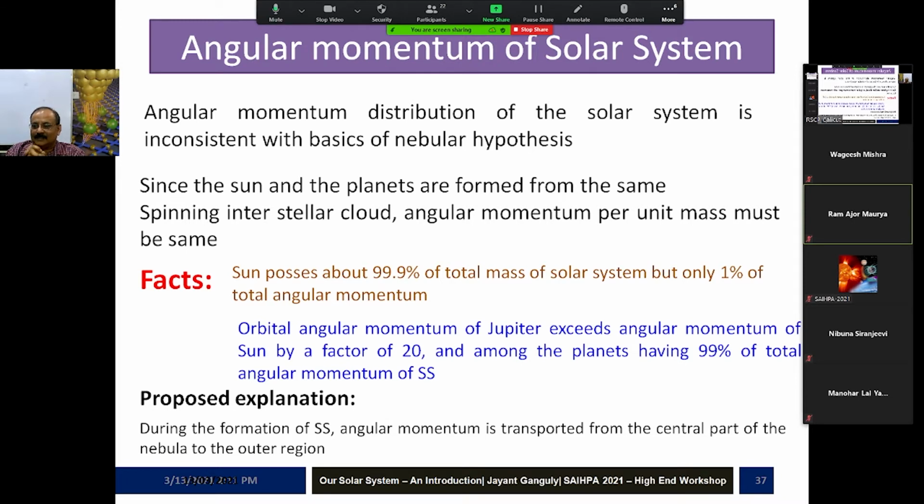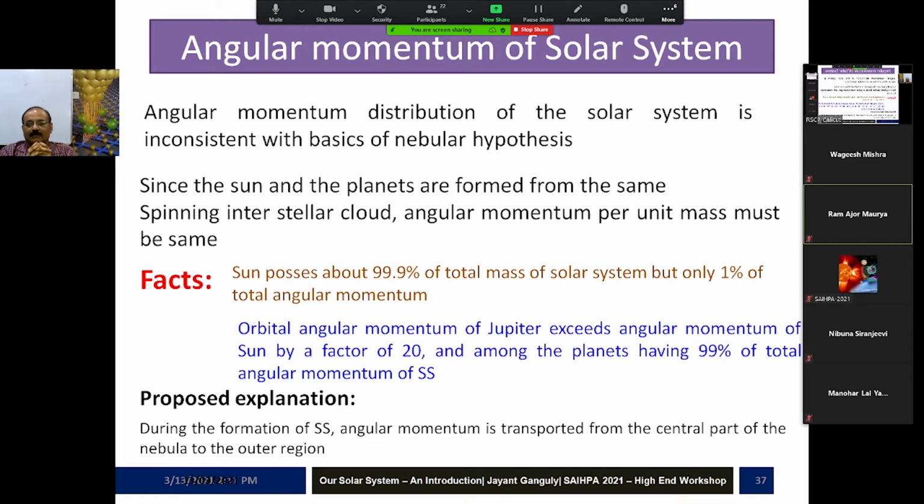It is said that these planets are formed by the same spinning cloud, and the Sun possesses 99.9% of the total mass, but only 1% of the total angular momentum, based on its rotational speed. And the orbital angular momentum of Jupiter exceeds the angular momentum of the Sun by a factor of around 20. So how can all these inconsistencies be resolved?